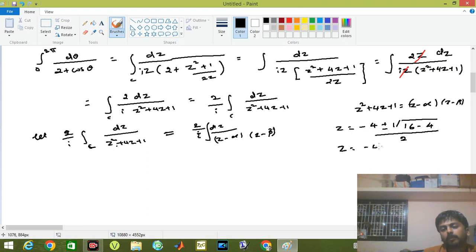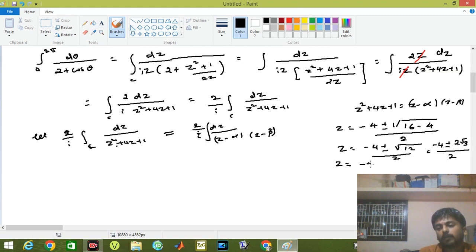So z equal to minus 4 plus or minus root of 12 divided by 2. 3 into 4 means you will have 2 root 3, divided by 2. So we are having z equal to minus 2 plus or minus root 3.